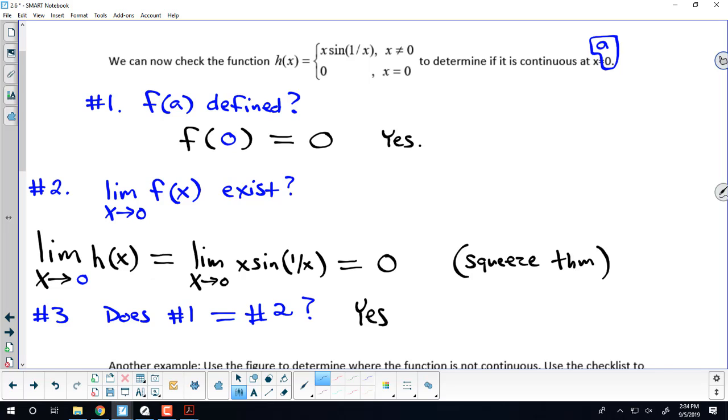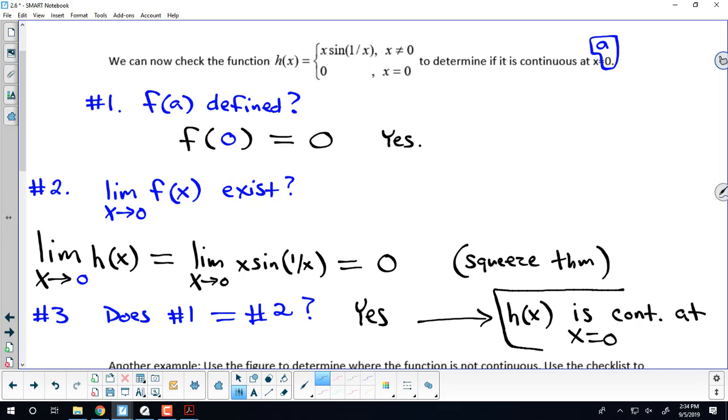The function's defined at 0 with a value of 0, and the limit has a value of 0. So since all 3 of these are true, we would say that h of x is continuous at x equals 0. But again, all 3 conditions have to be met.